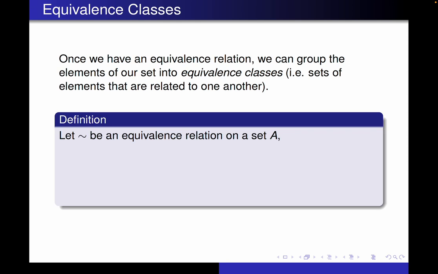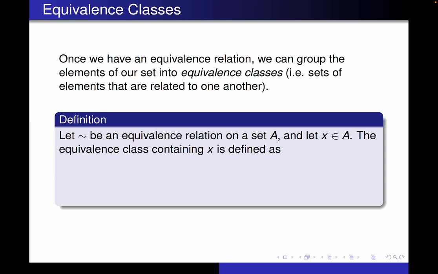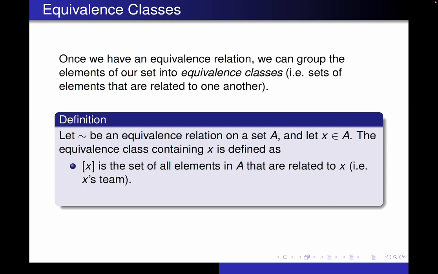So here's how we define equivalence classes. Again, we're assuming that tilde is an equivalence relation on a set A, and x is just some random element of A. The equivalence class that includes x is defined as, well, the notation we use is we put square brackets around it, [x], is the set of all elements in A that are related to x. So that's informally how we think of it.